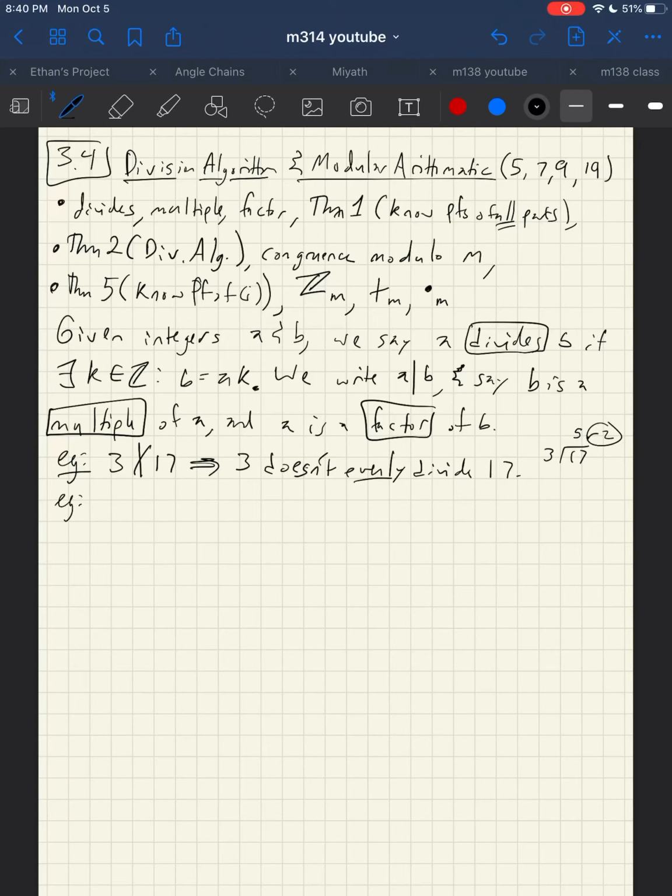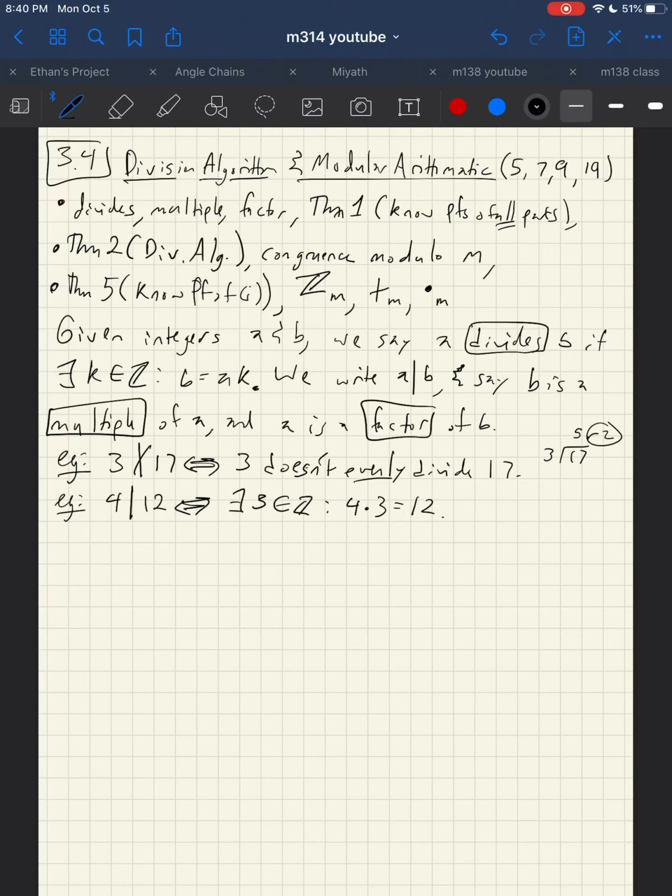There's a remainder. Okay, different example. 4 divides 12. And this is because there exists 3, which is an integer, such that 4 times 3 equals 12, right? These are equivalent statements.